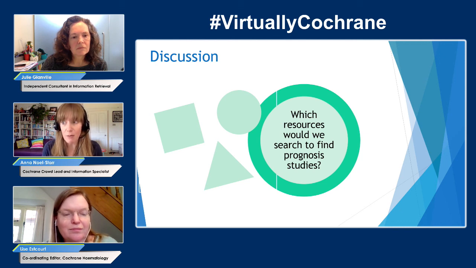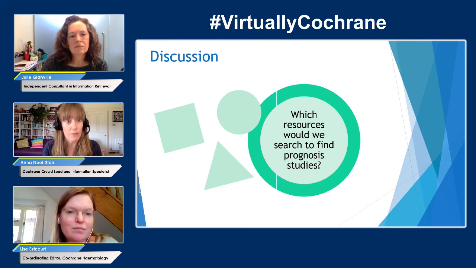And I guess my final point is I feel like with prognosis searches, probably more so than with any other that I've had to work on, there's an increased need for what we call supplementary searching.